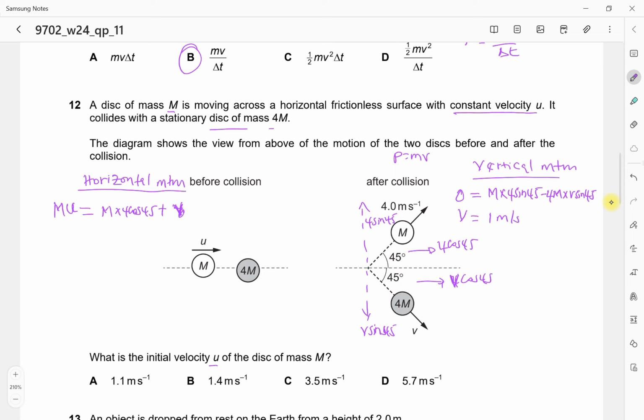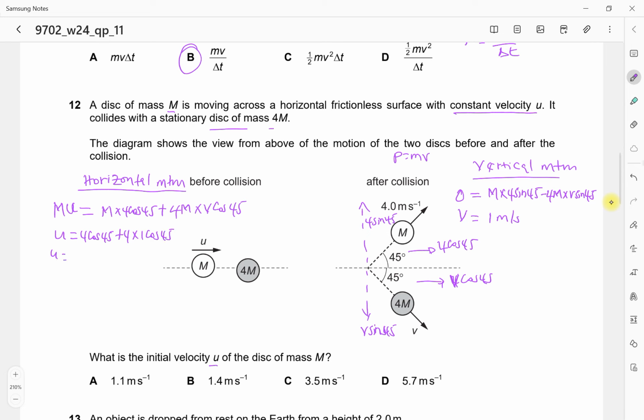Let me first write the mass here. So this is plus the mass, 4m times v cos of 45. But remember, v is 1. M has cancelled, so u is going to be equal to 4 cos 45 plus 4 times 1 cos of 45.